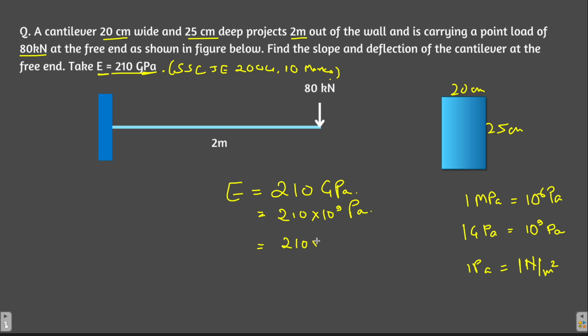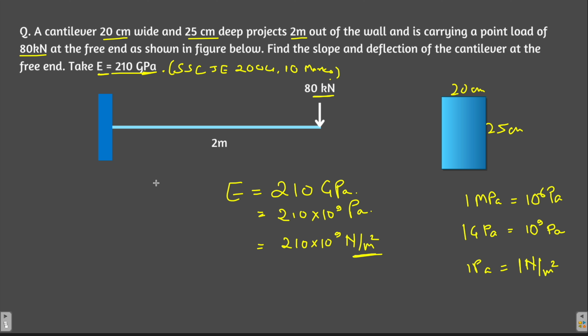That means it is 210 into 10 to the power 9 Newton per meter square. So we will convert this kilonewton into Newton. This meter will remain same. We have got two units in centimeters which we will convert into meters, the standard unit, and then only we are going to solve this question. E is given in gigapascal, so I have converted it into Newton per meter square.